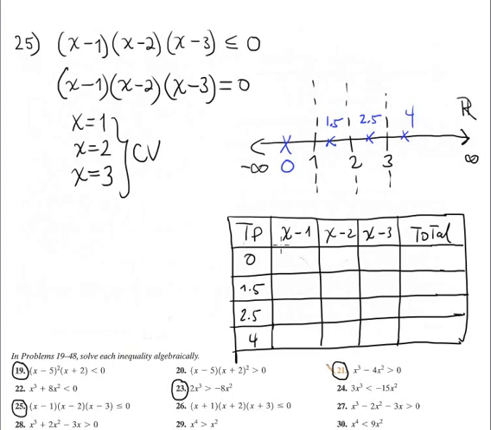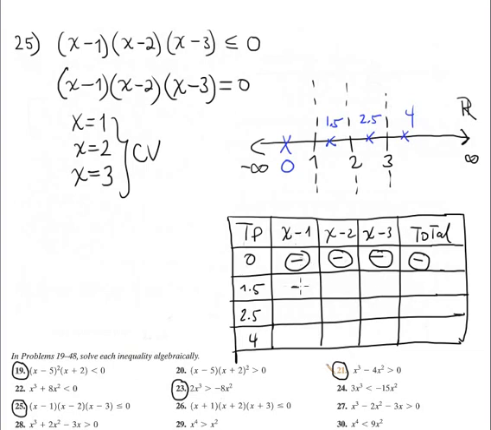Let's analyze one by one. At 0, here is negative, here is negative, here is negative. Multiplied, it is negative. So when you have an odd number of negatives, it's negative. When you have an even number of negatives, it's positive.